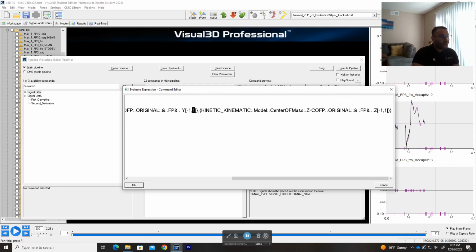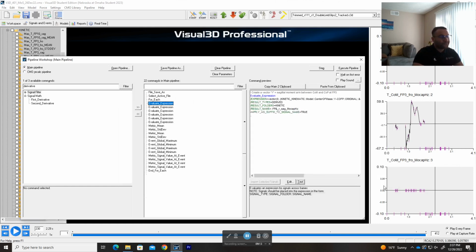So I kept it that way. Either way, it doesn't matter because we're subtracting the center mass from the center pressure. So I can take this off and it will give me the same results. And then we did the same thing for the center of mass z minus center pressure z. Okay, so we did cover that.